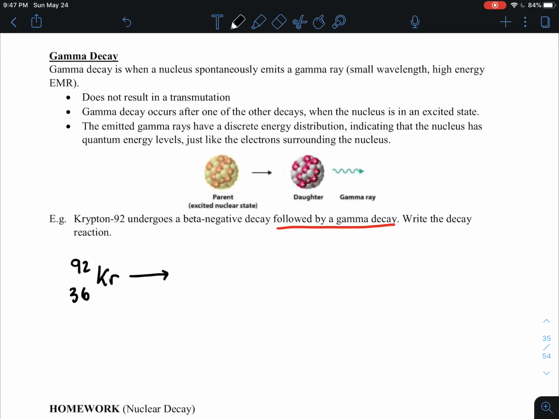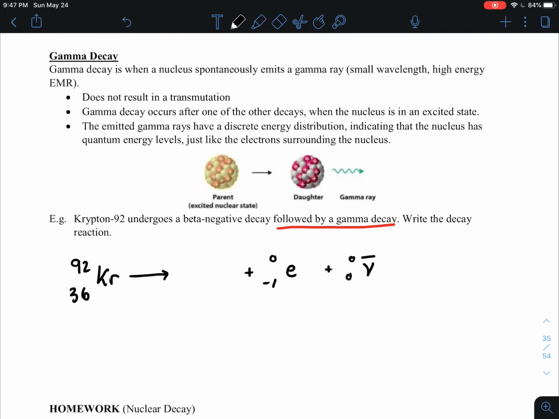So we're going to say undergoes, so follows this reaction. And let's do the beta part first. So I'm going to say 0, -1. Instead of putting a B, I'm going to change it up just so you guys can see it. Sometimes we'll see it as an electron. Because remember, a beta negative is an electron. It's the same thing. And remember that this also produces an anti-neutrino.